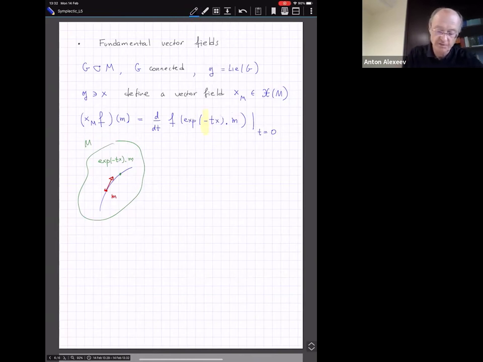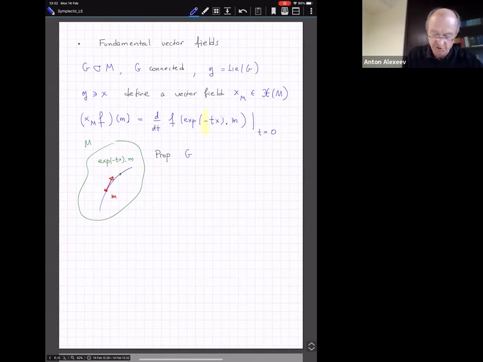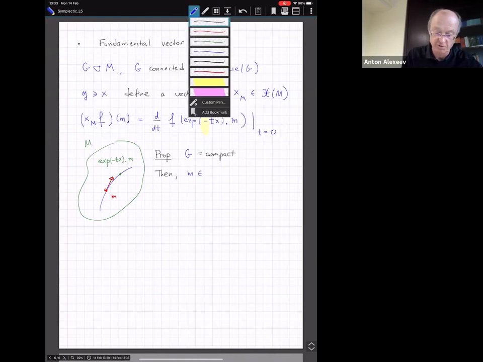So here is a small proposition about those vector fields. Suppose that G is a compact group, and connected.